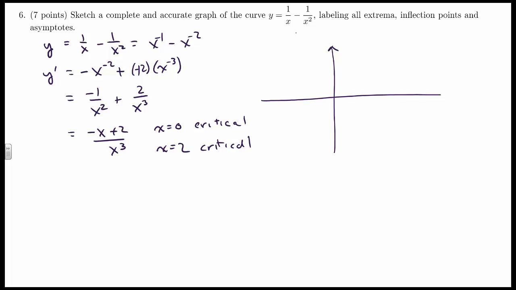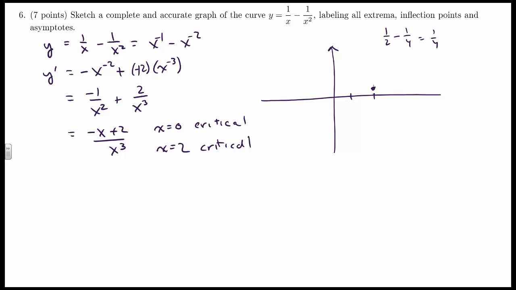When x is equal to 2, we get 1 half minus 1 quarter, which is equal to 1 quarter. So at x equal to 2, we're at 1 quarter.